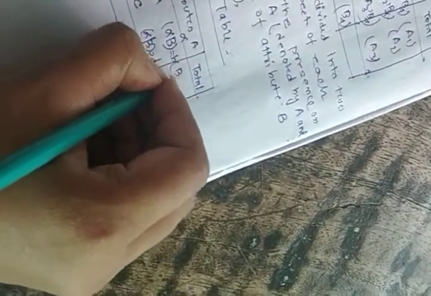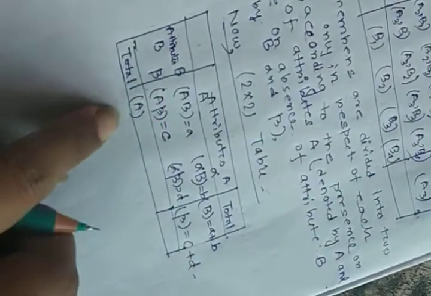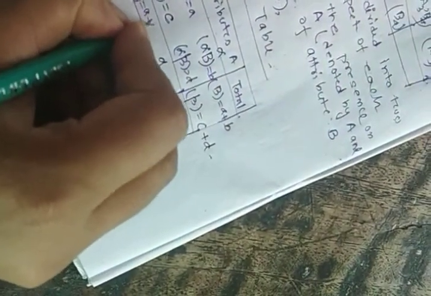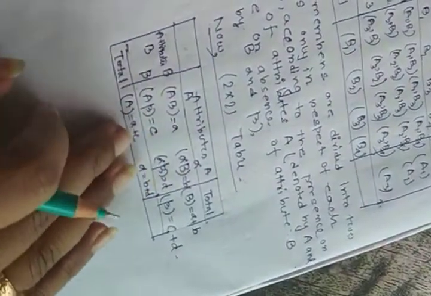The total for capital B is A plus B, this is A beta and this is C plus obviously D. Similarly this column is the total capital A and this is the total capital alpha. So this is A plus C and this is B plus D. Okay, this is for the 2 by 2 table.